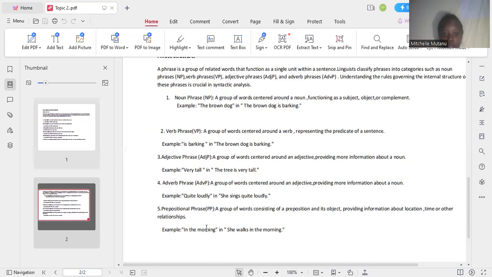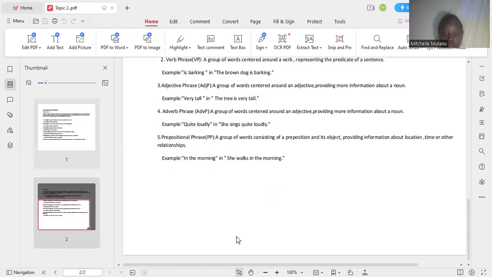So in the morning is the prepositional phrase. It gives information about location, time, and other relationships. In the morning is giving us information about the time.